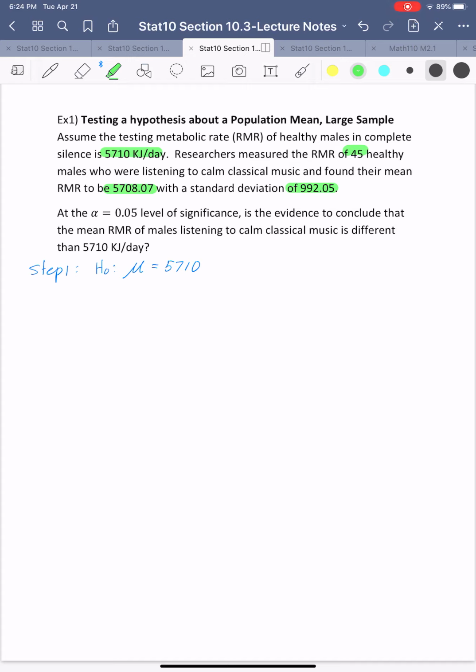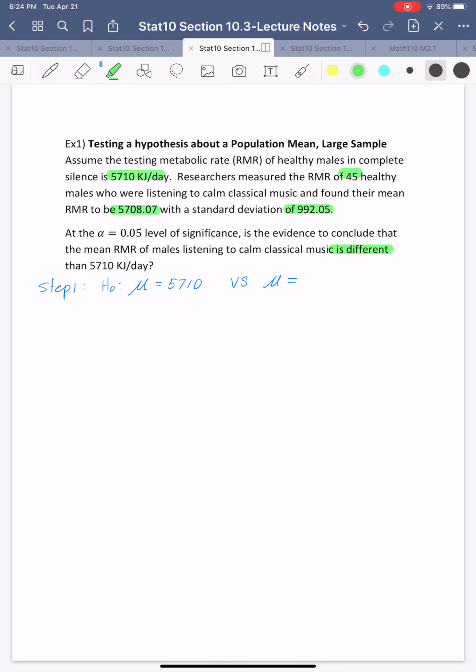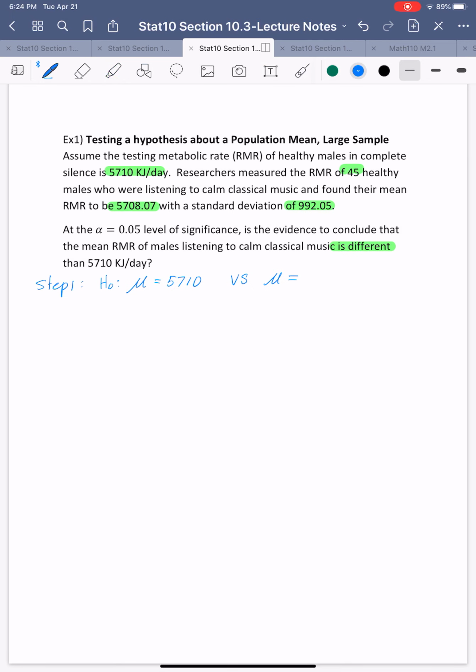And then we need to compare, and vice versa. The alternative says that mu is different, which means I'm using not equal to 5,710.